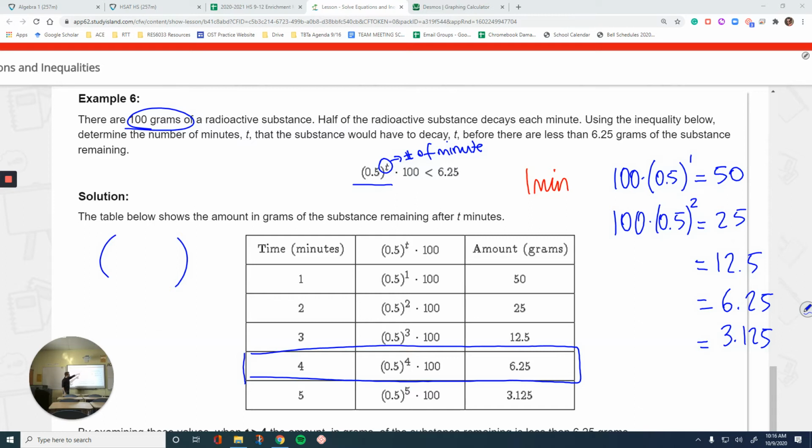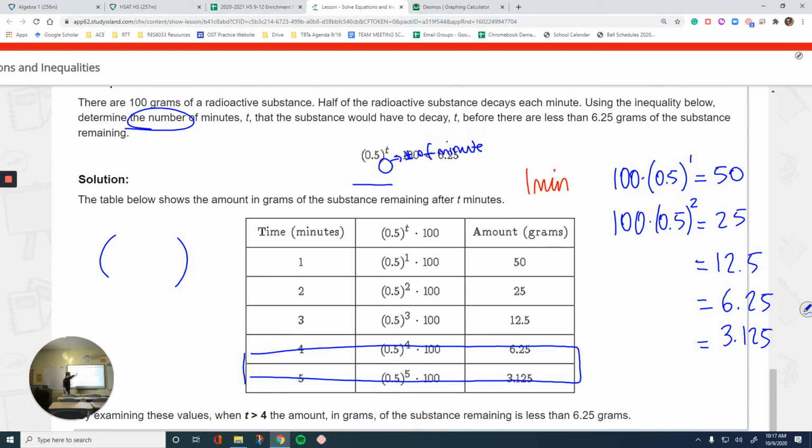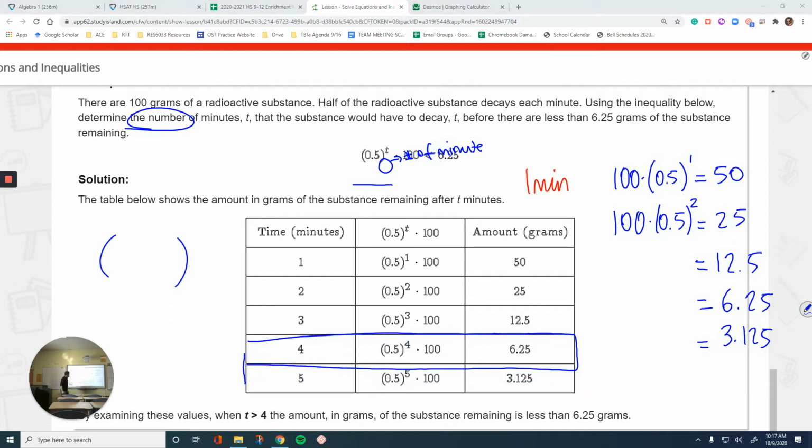But what does this say? It says before there are less than 6.25 grams left. If it is exactly 4 minutes, we have 6.25 grams left. So for that one to be less than that, it needs to be just a little more than 4 minutes.